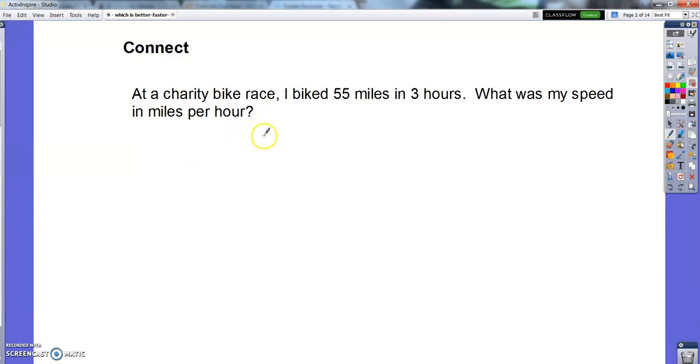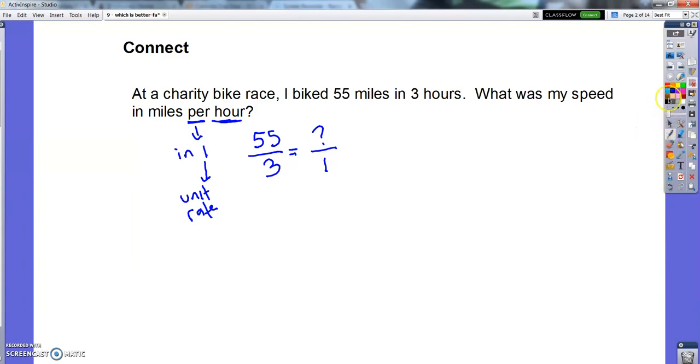I'm going to do a proportion: 55 miles in 3 hours is the same as how many miles per hour. That means in 1 hour, and 1 means a unit rate, a ratio of 1. So how many miles in 1 hour was my speed?